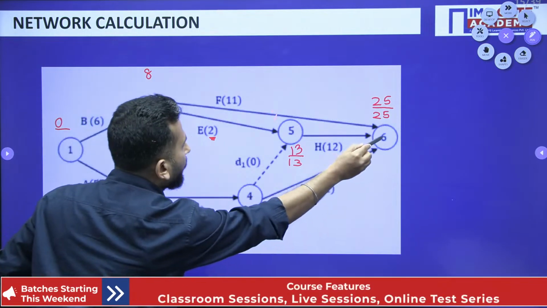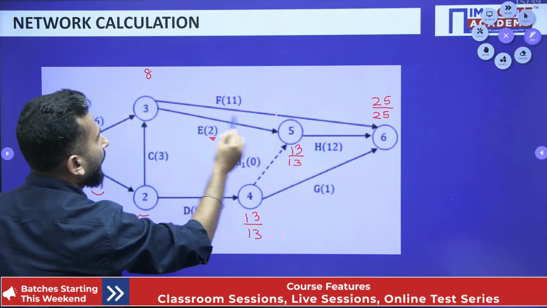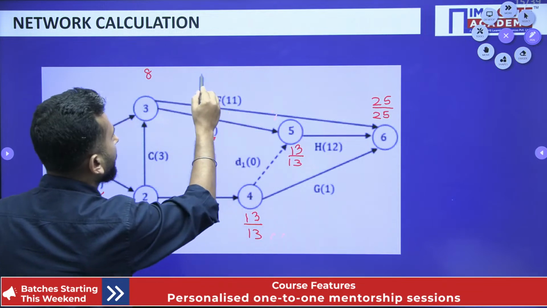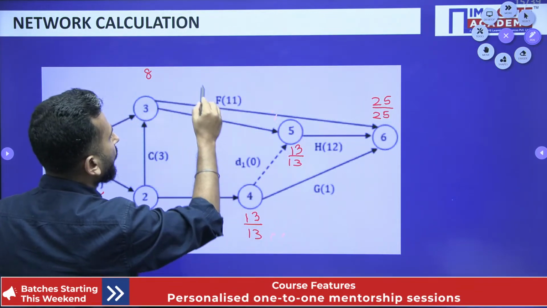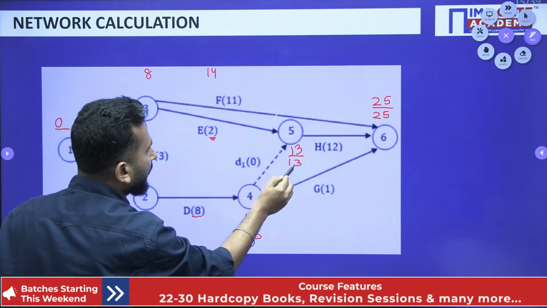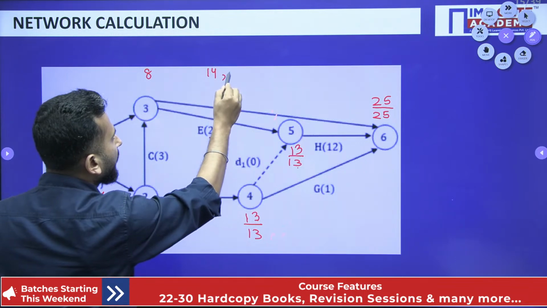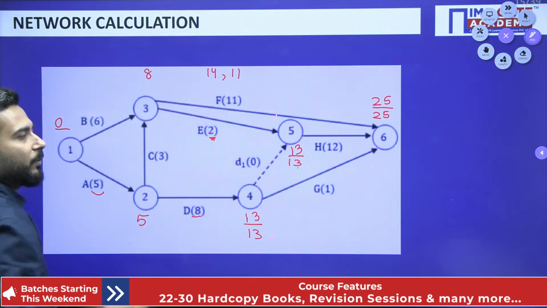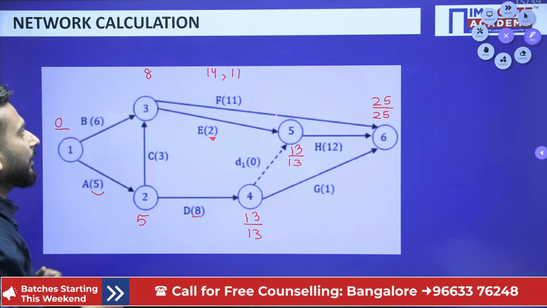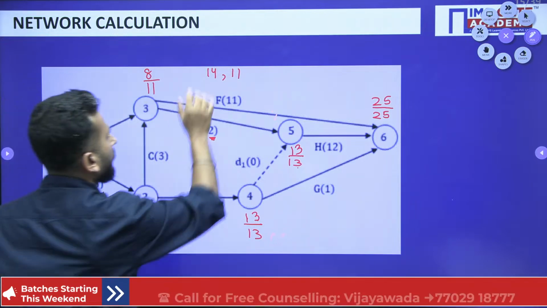So when you are going from 6 to 3, 25 minus 11 is 14. One option is 14. Another option is 13 minus 2, which is 11. Which time will you write? We have to write the minimum time, so I will write 11 over here. Fine.